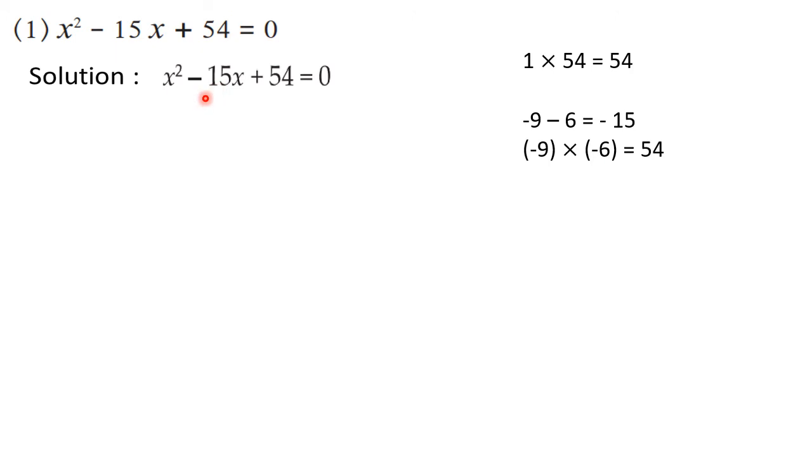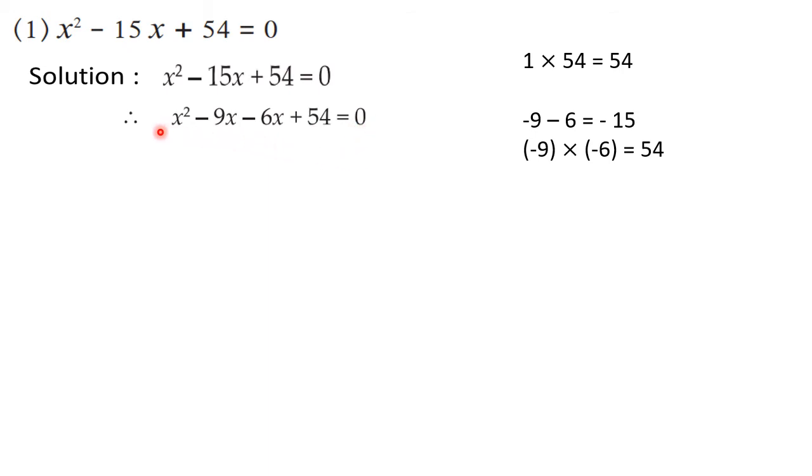So this minus 15x I can write as minus 9x minus 6x. Okay, so the next step is like this. First term as it is, x square. Minus 15x is split, minus 9x minus 6x. And the last term as it is, plus 54 is equal to 0.